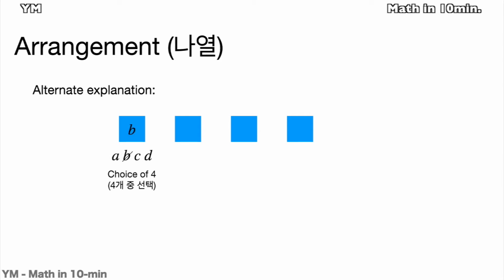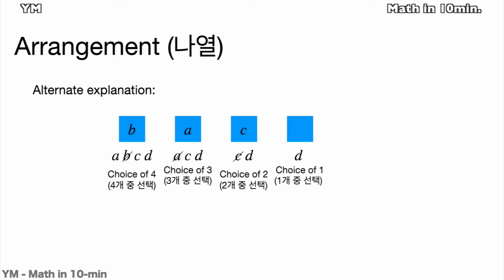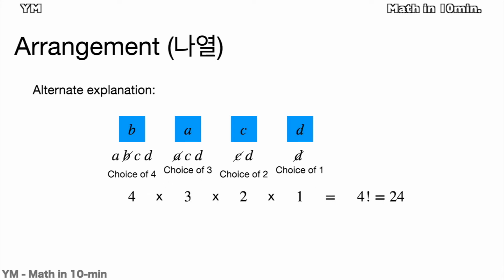After you choose one, you can choose one of the rest 3 onto the second box. Onto the third box, you have an option of 2. At the last box, you will choose the remaining one. By multiplying all of these numbers, you will realize that there are 24 cases of arranging 4 characters.